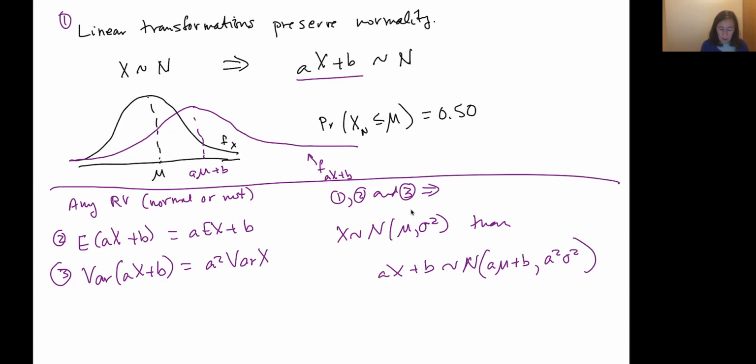So just as we would with any random variable, when we apply a linear transformation to the random variable, we can find the expected value of that new random variable by applying the same linear transformation to its expected value. Okay. Can't do it with other transformations, but we can do it with the linear ones.